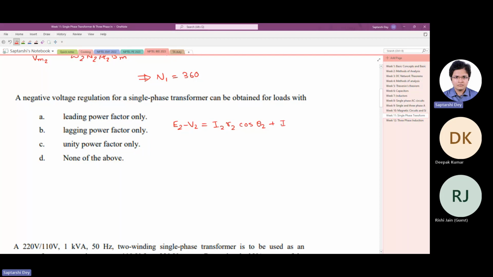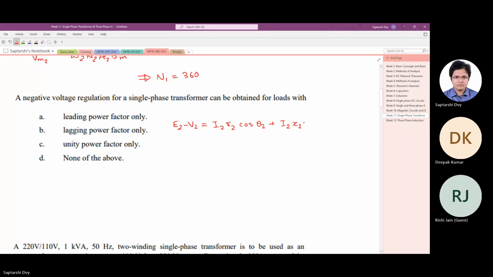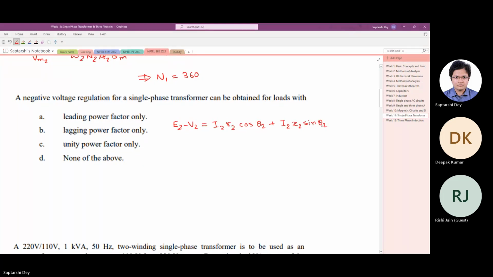What is voltage regulation of a transformer? Yes or no? At least. So it's a fuzzy state. You may know, you may not know.